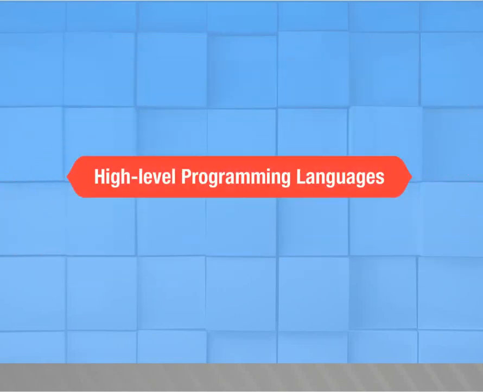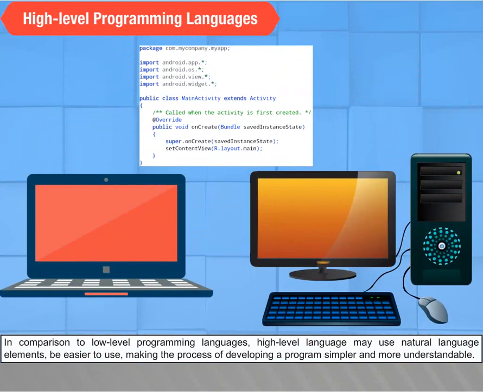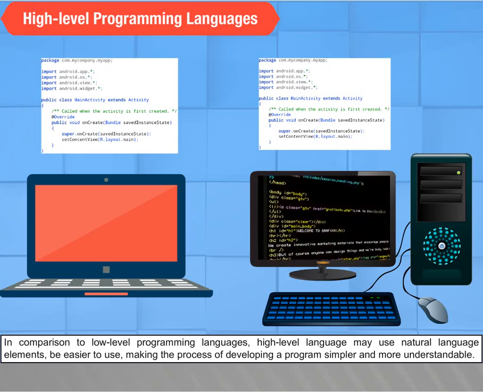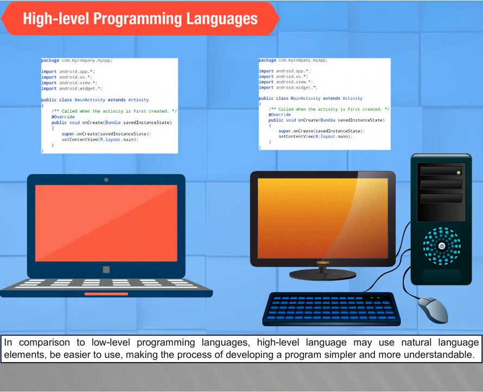High-level programming languages. In comparison to low-level programming languages, high-level languages may use natural language elements and be easier to use, making the process of developing a program simpler and more understandable.